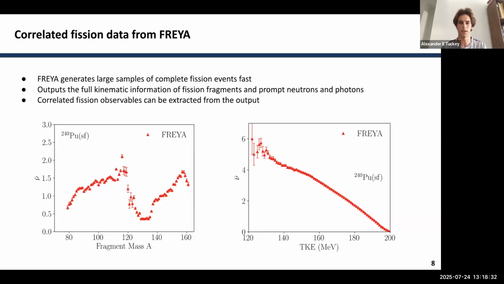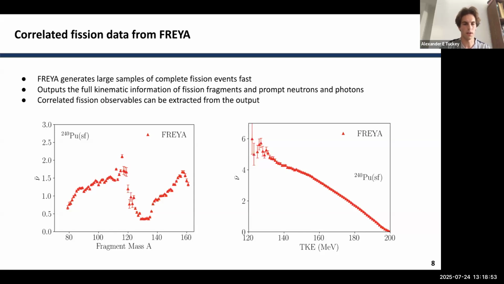And so from this output, we can extract various correlated fission observables, as I hinted at before. So here on the slide, I've chosen to focus on the average neutron multiplicity, which I have as functions of fragment mass and total kinetic energy.